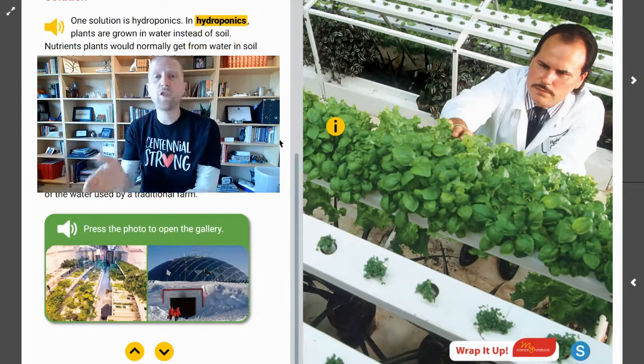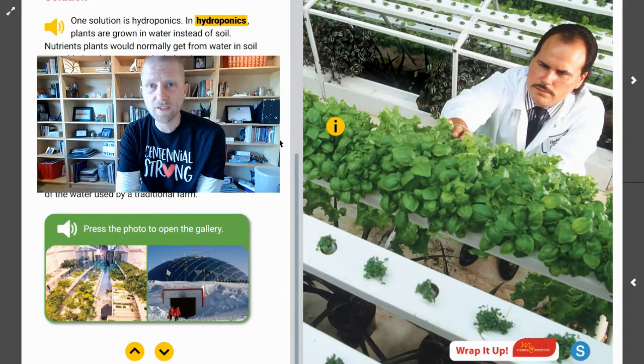So, how are the nutrients going to get into the water? Well, we add them. The nutrients plants would normally get from water and soil are added to the water in which the plants grow. Because these systems are often set up in greenhouses, fresh local food is made available year-round.